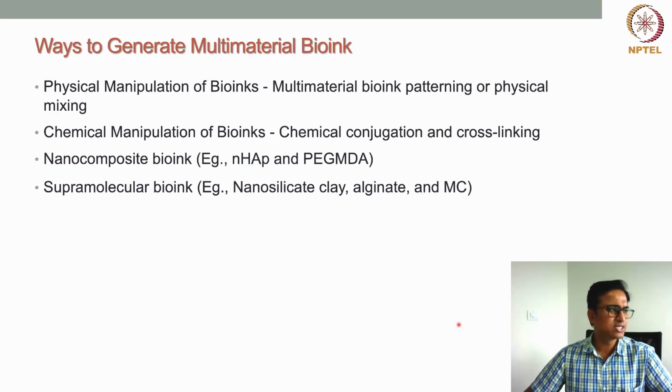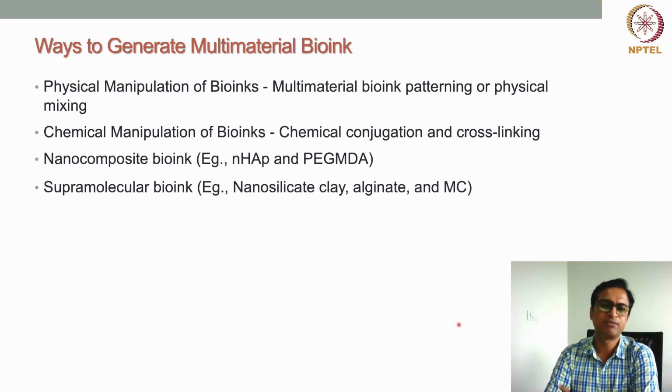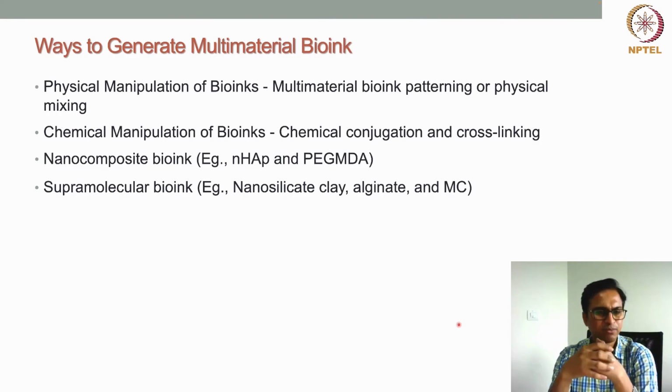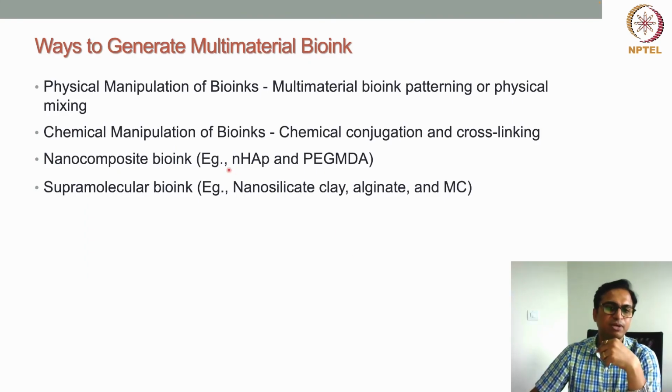Now we'll discuss what are the different ways to generate multimaterial Bioink systems. Should we just mix the different components together and then develop the mixture? One way to do that is physically mixing the components of the Bioink together in the final form, which can be used for the Bioink. But the other way, the first point mentioned, is physical manipulation of Bioink.